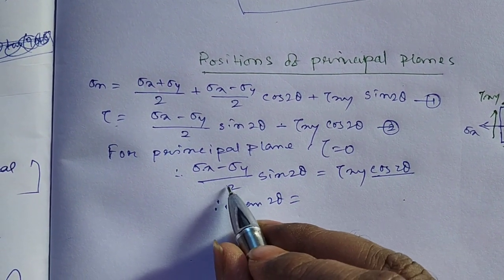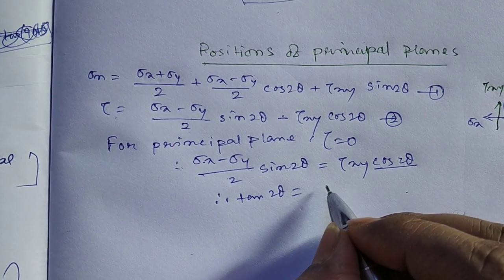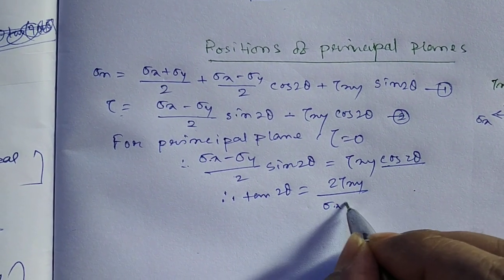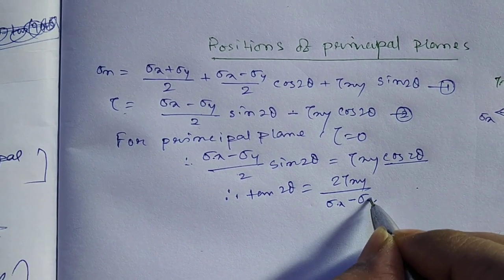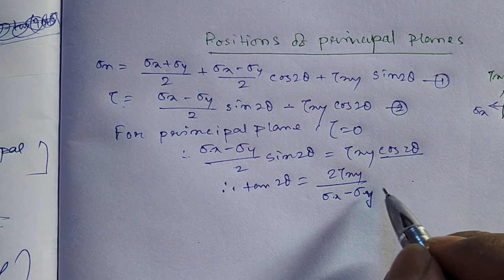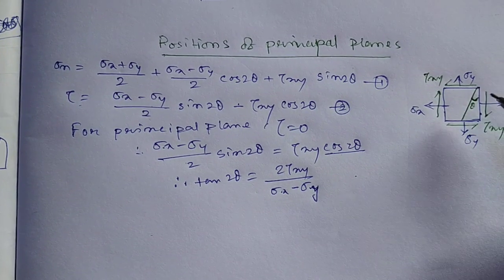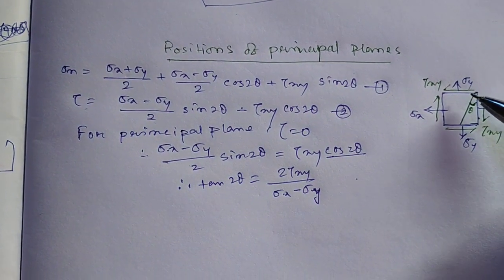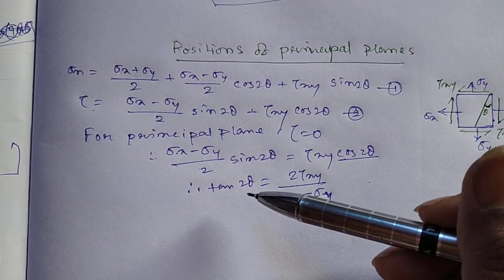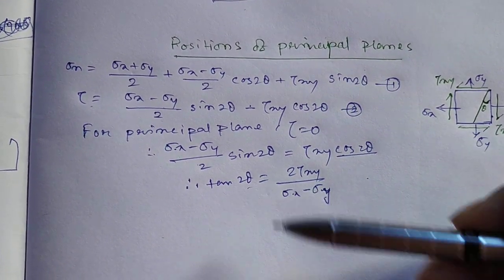And if you move this part to the right hand side, you will be getting 2 tau xy divided by sigma x minus sigma y. Now from this equation, if the given stresses sigma x, sigma y, tau xy are known, you can find out the value of theta.